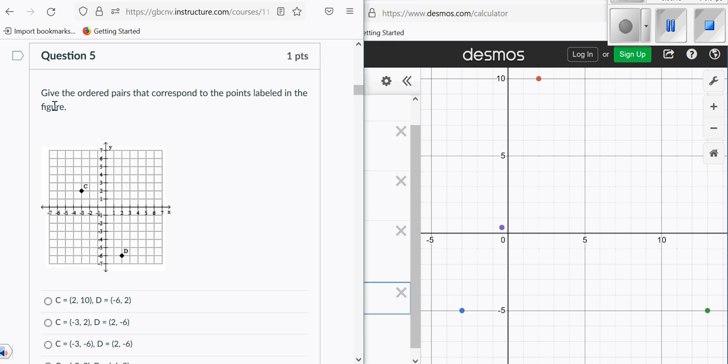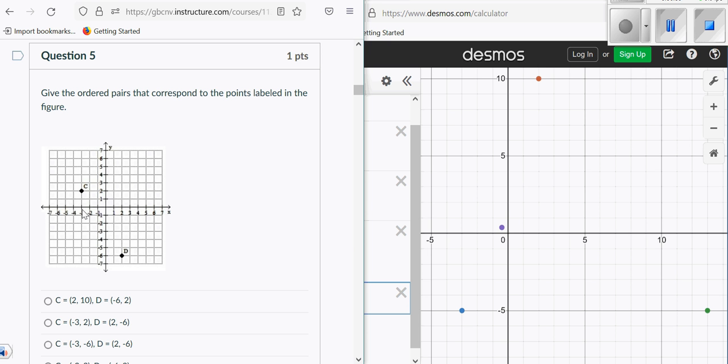Question 5 is to give the ordered pairs that correspond to the points labeled in the figure. See, apparently here x is -3, so then y is 2.